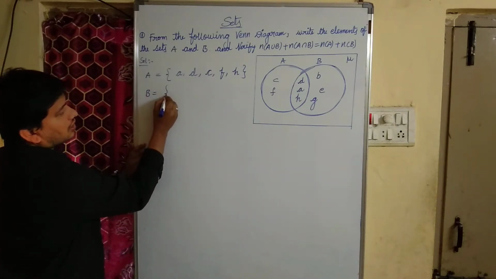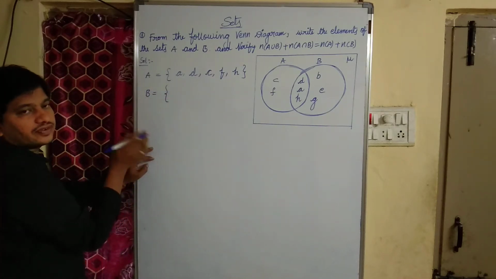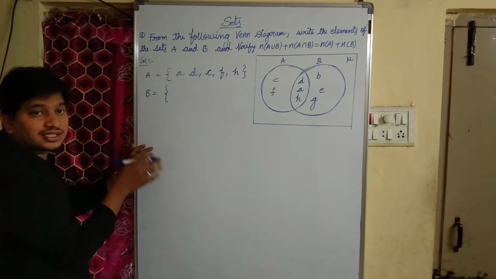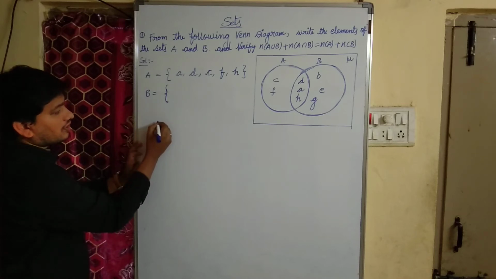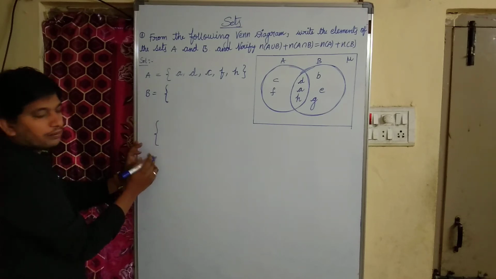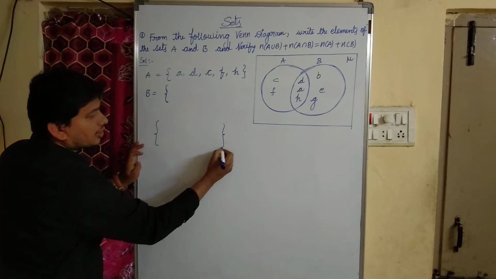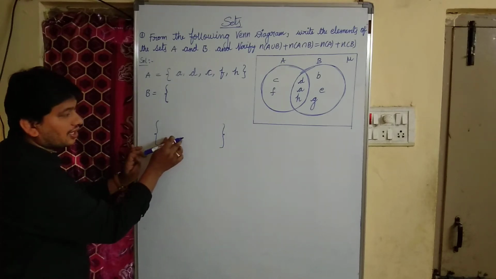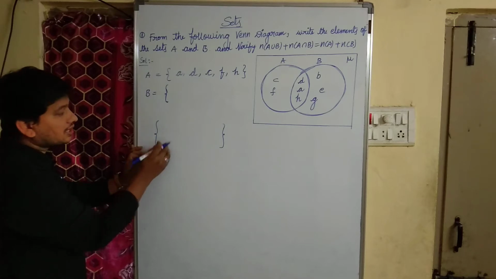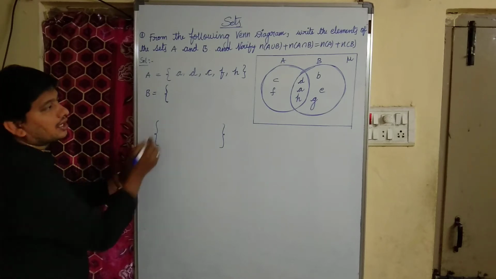So this is called a curly bracket. Always we need to write the elements in the set within curly brackets, open bracket and closing bracket. Inside these brackets we need to write the elements, and elements are separated by commas, right?